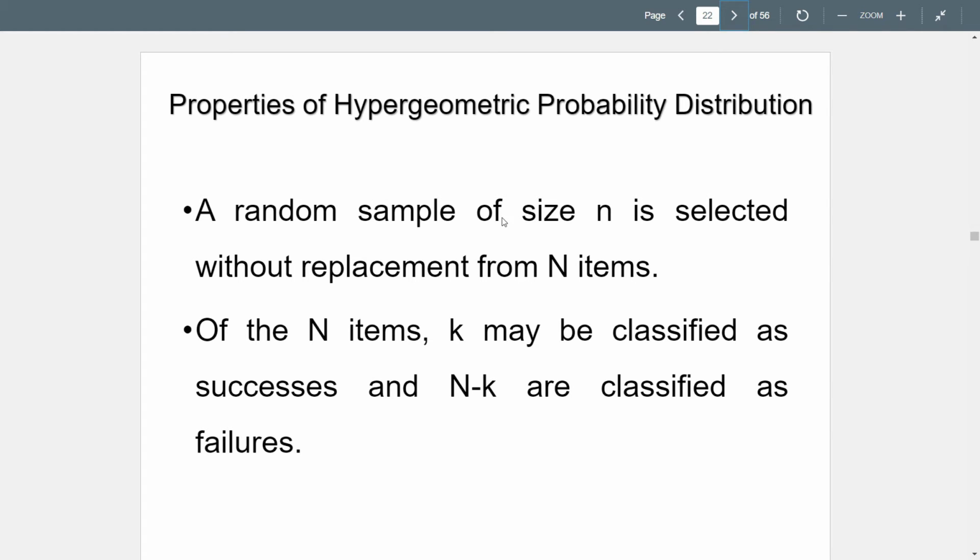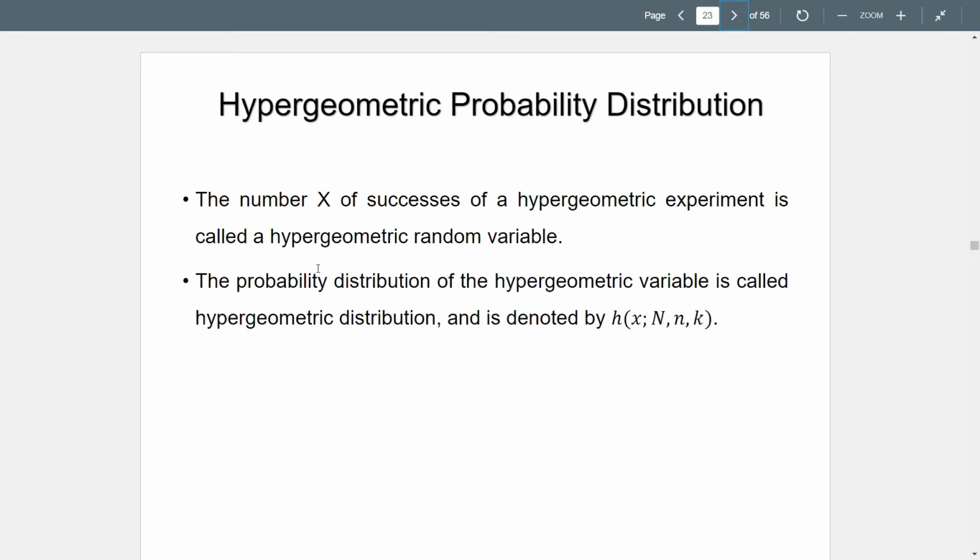A random sample of size n is selected without replacement from N items, and of the N items, k may be classified as success and N minus k are classified as failure. The number x of successes of a hypergeometric experiment is called a hypergeometric random variable. The probability distribution of the hypergeometric variable is called the hypergeometric distribution.